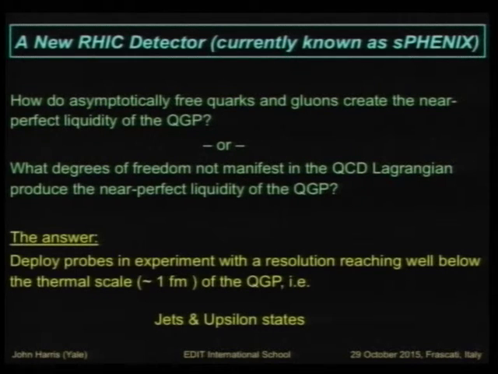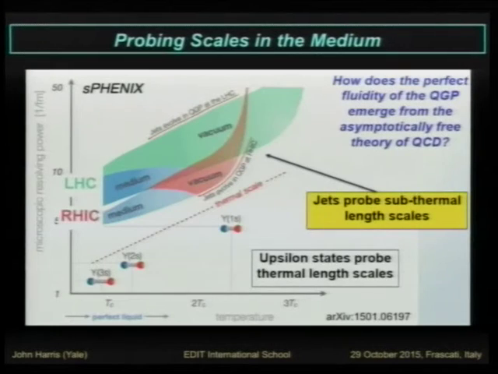So it was thought that at RHIC energies, this would be quite important to do and to contribute to all the data that we have from the LHC by measuring jets and upsilon states at RHIC. So the whole idea is to probe the different scales of the medium.